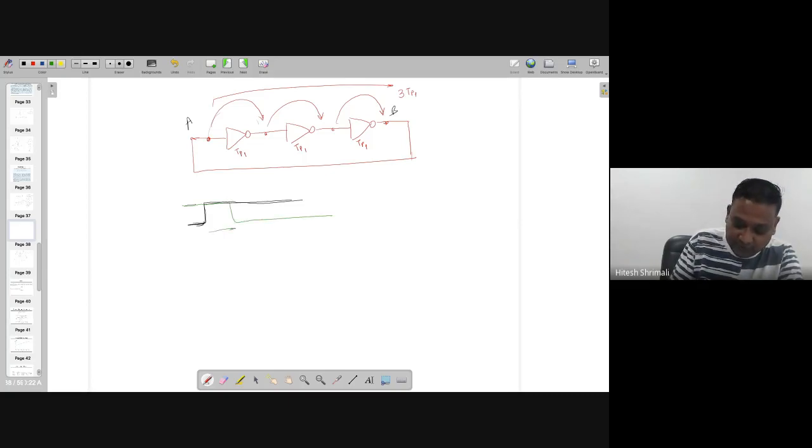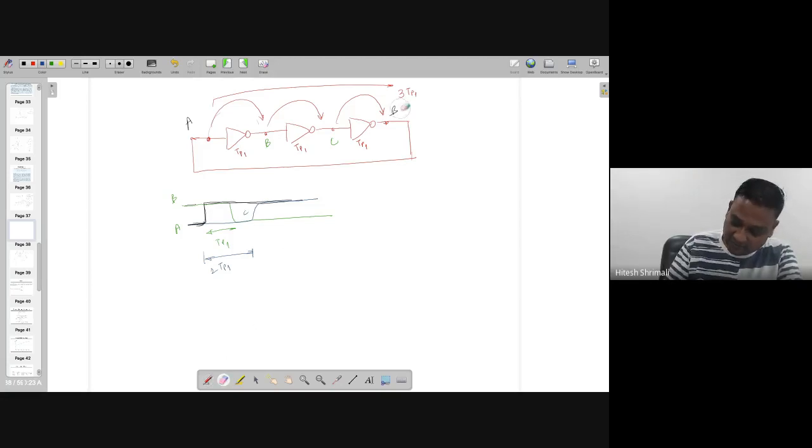After TP1, at point B, such a thing will happen. But at point C, this becomes 1 after 2 TP1. This is C.